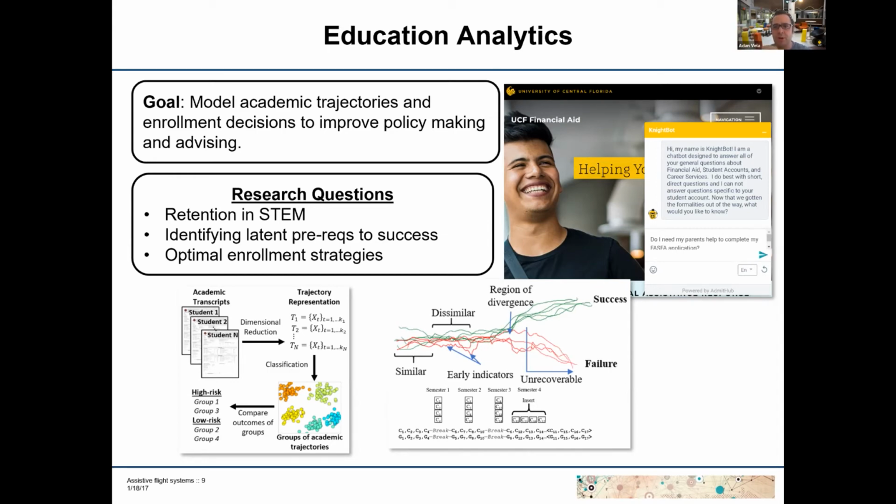Most of my work that I think is unique from other folks is most other researchers tend to take a static image of a student, like these are the classes they took, these are the grades, we're going to predict something. What we're really interested in is how do we understand trajectories, right? So trajectories tend to be more meaningful than just a static snapshot of a student.